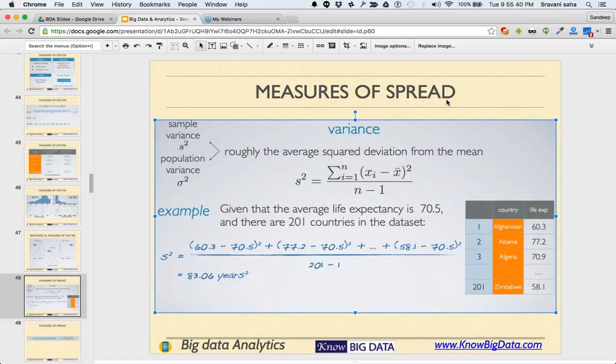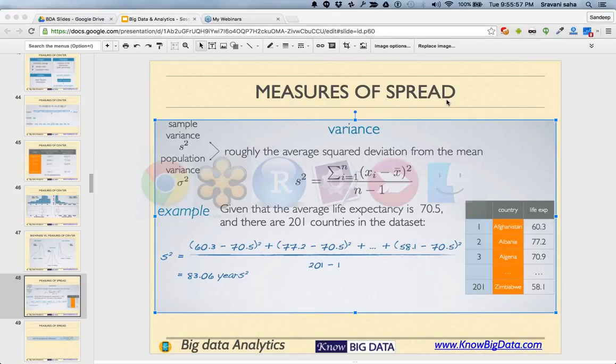Once we computed the histogram, we tried to see how the histogram is with respect to modalities and skewness, and also we tried to compute the median.